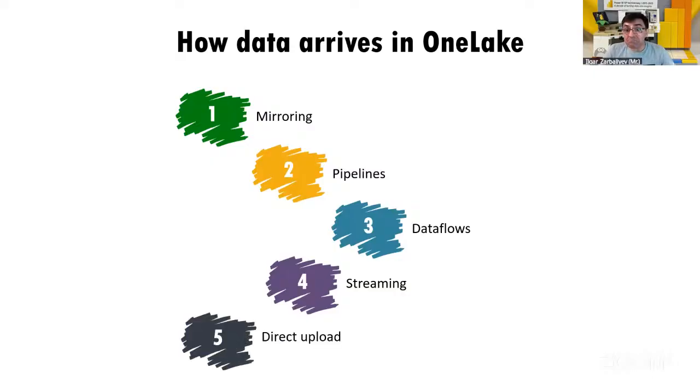Finally, there is direct upload, which provides a simple way to upload files directly into OneLake through the Fabric interface. This option is useful for quickly bringing existing files into the platform without building a dedicated ingestion process.